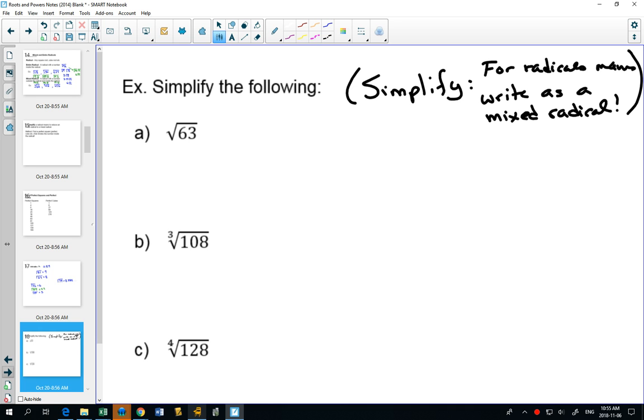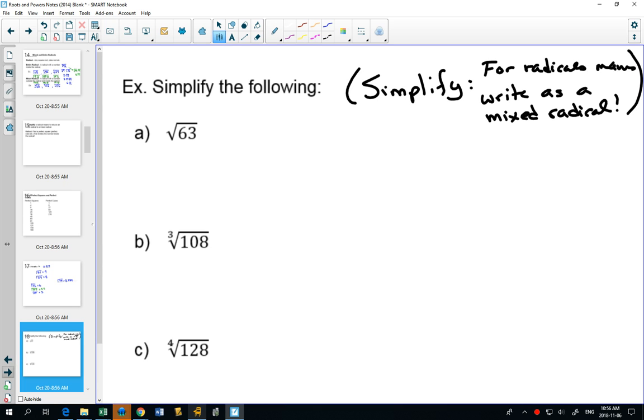If something said simplify 3 over 6, what would you write? 1 over 2. What does simplify in fractions mean? Write in lowest terms. You had simplify in algebra. If you had simplify 2x plus 3x plus 5, what's the answer? 5x plus 5. What did you have to do with simplifying with algebra? You had to combine like terms.